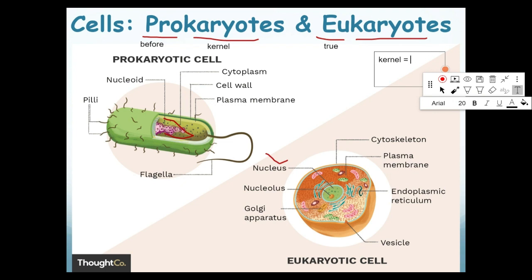Sorry, not DNA, nucleus. I got mixed up because the DNA goes inside the nucleus. Here you have kernel, you can think of it as a nucleus. And so this one actually has a true nucleus. Those are the main differences between a prokaryote and a eukaryote, and a good way to tell those two apart. We'll dive into all of these little labeled diagrams in the slides to come.